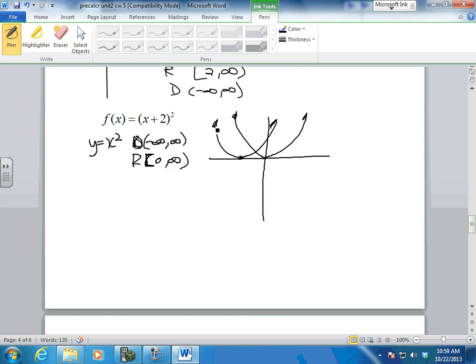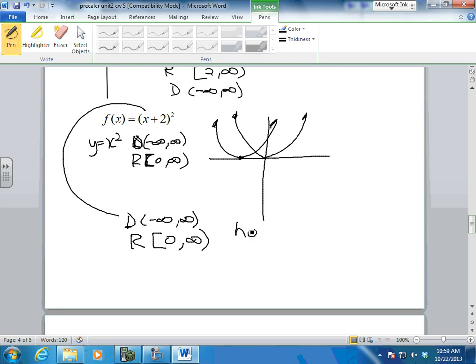But do I really have to since I'm all real numbers? No. So my domain for this function is still all real numbers. And I did not change the range, so the range is still 0 to infinity. And I would describe this transformation as a horizontal shift, because it's going horizontal, left 2 units.